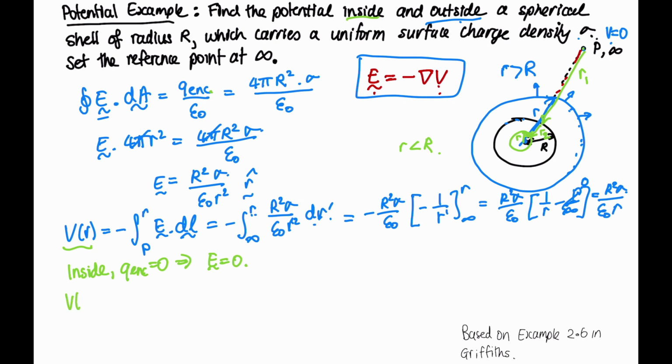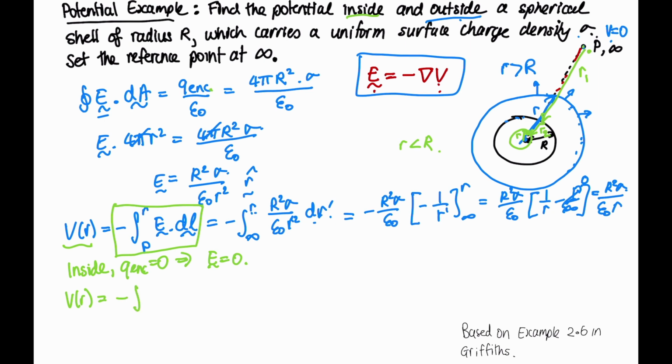So in this case, we're substituting into this same thing here, but we're splitting the path into the two bits. So let's go from P to capital R. We've got minus the integral from P, which is at infinity, to radius R, of R squared sigma over epsilon naught r squared dr. Because I've got capital R, let's put the primes, we'll just keep it consistent.